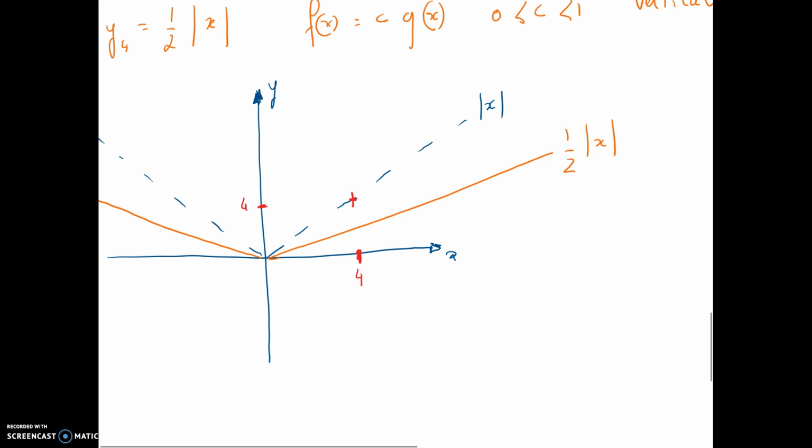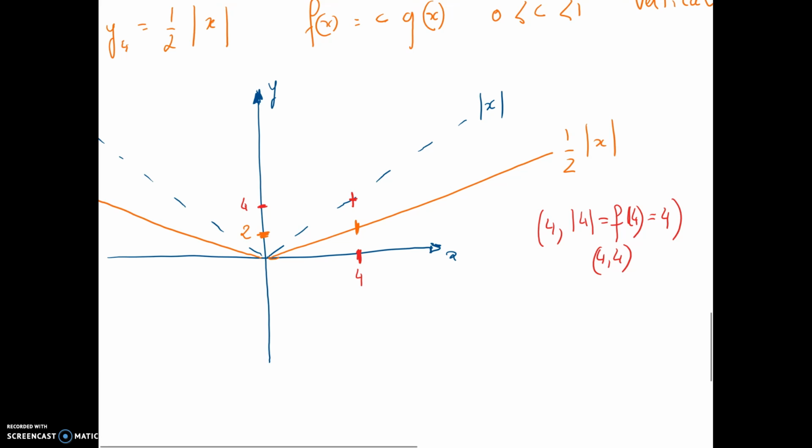When you are dealing with 1/2 of x, you end up with x equal 4, but this time you are at 2. If I take a look at the point in red, when x equals 4, I'm having absolute value of 4 for the value of f of 4, and it's going to be equal to 4. So I'm dealing with 4, 4.